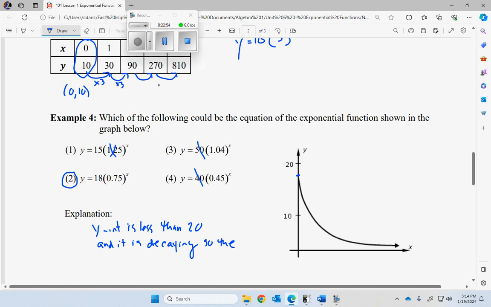So the multiplying factor, I'll call it. Sorry, my pen again. It's between 0 and 1.